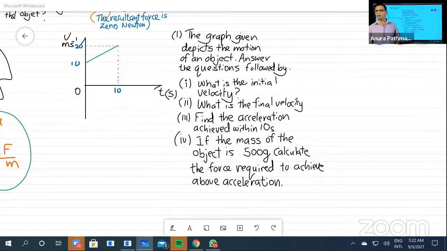I have been talking and writing to you for nearly 1.5 hours. I'm going to have a little rest if you like. Try to find the answer for this one: initial velocity, the final velocity, acceleration.